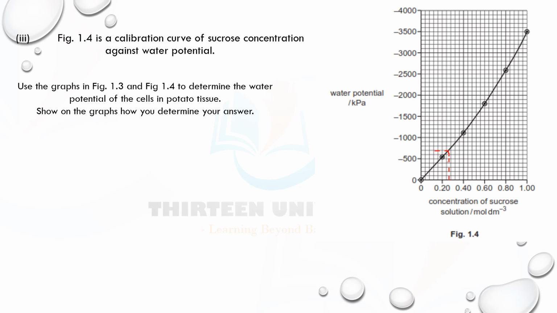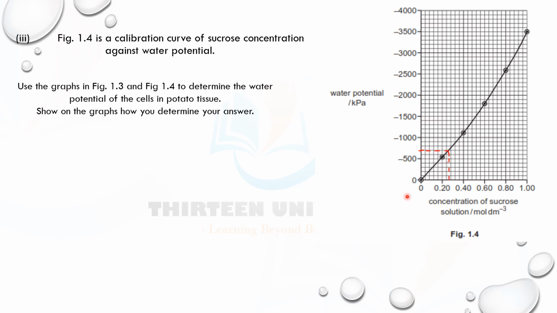This is that concentration. Remember you have to first of all determine the concentration using the other graph you plotted. So you can see now from here to here is 5. So 5 boxes gives us 500 minus 5. That's minus 100. This is going to be minus 600, minus 700.